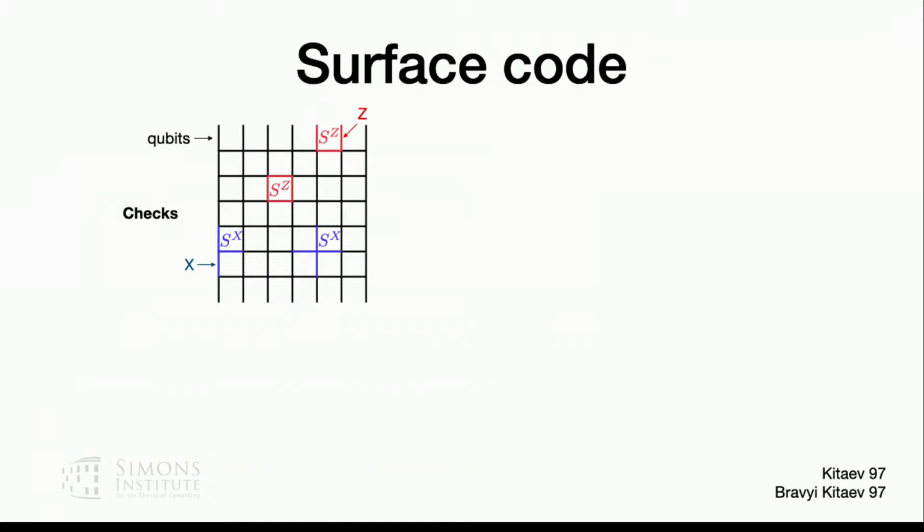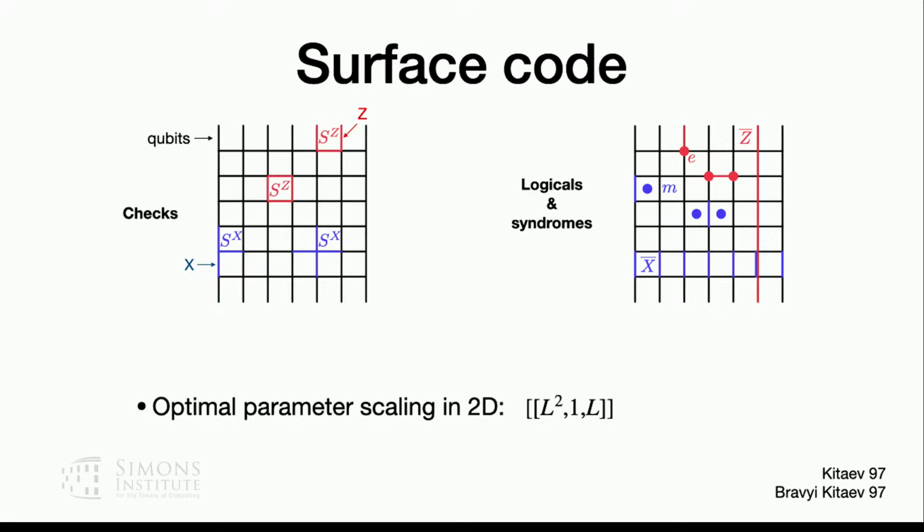So we have one Z-like check per plaquette, including these truncated boundary plaquettes, and one X-like check per vertex, including these truncated boundary vertices. You can check these always commute with each other because they come from some Z2 homology of a surface. What do the syndromes and logicals look like?